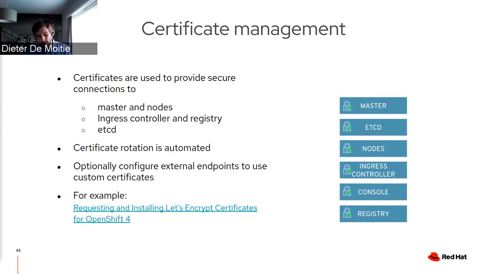Right now, it is not possible to change the root certificate authority. What you can change is, for external endpoints like the ingress router, you can configure your own custom certificates. For example, there was a blog post about OpenShift running on Amazon showing that you can use Let's Encrypt to encrypt the access to the console and so on.